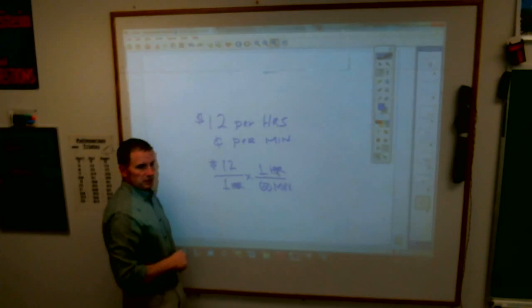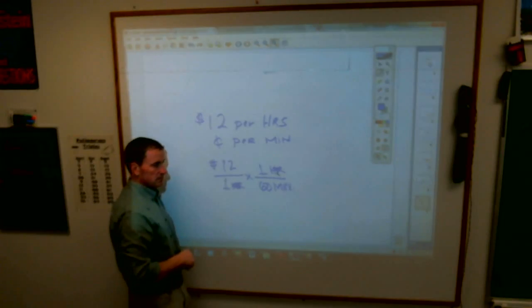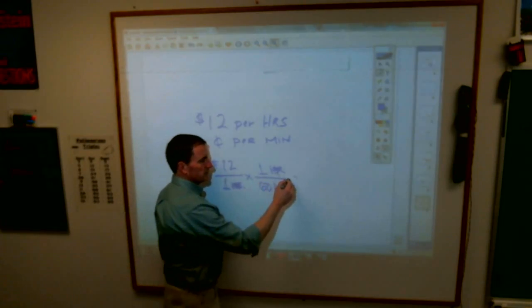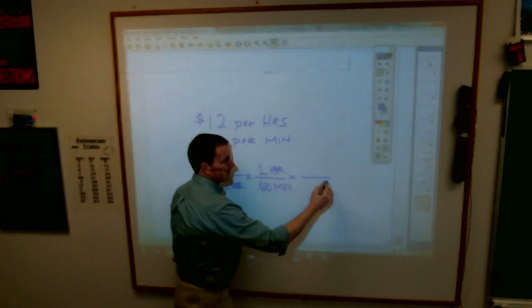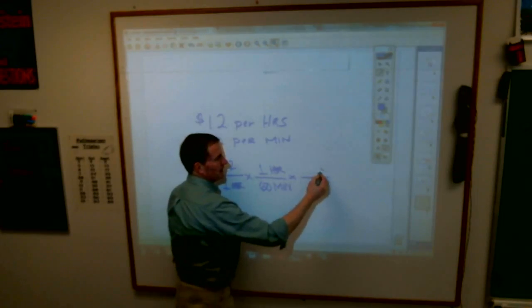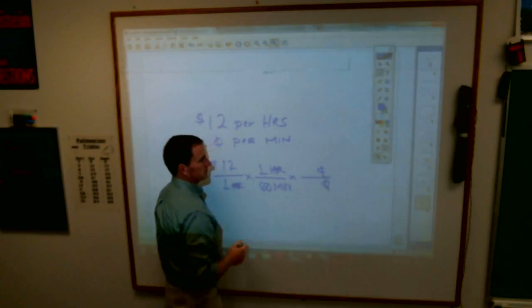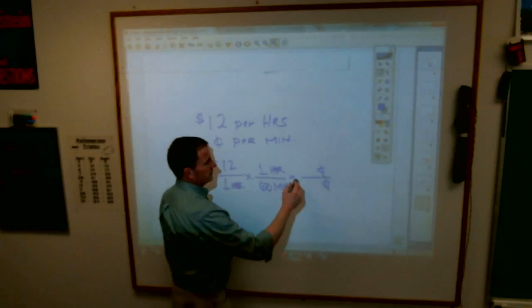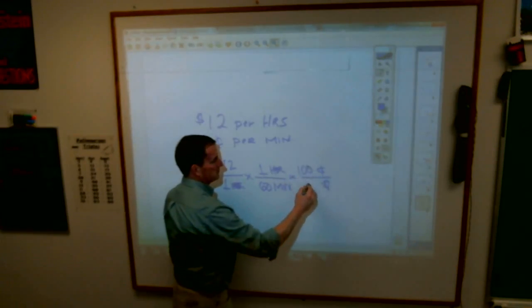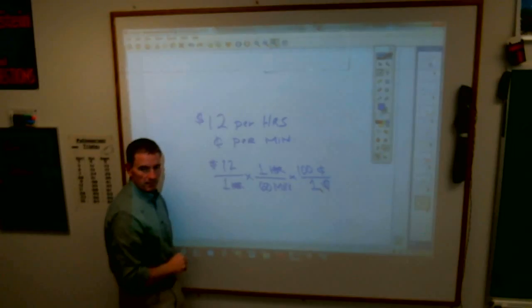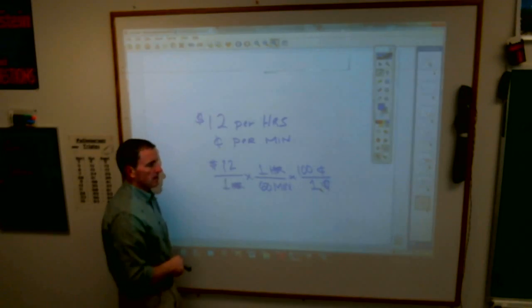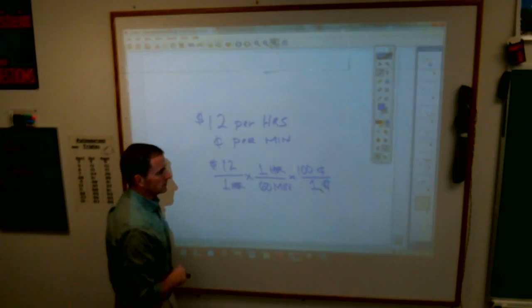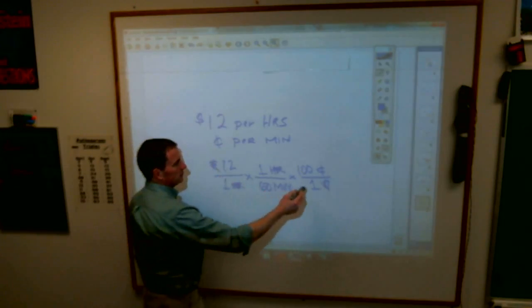Next step, I have to change my dollars, so where does it have to go? And what goes on top? How many cents in a dollar? Now I have converted this into cents per minute.